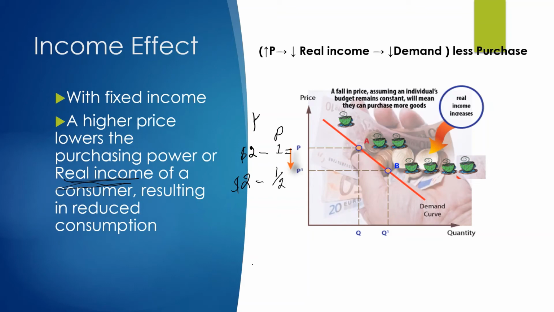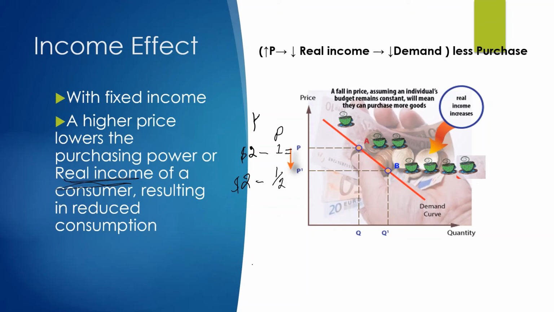It means that the purchasing power of your income, which is fixed, has increased from 2 cups of coffee to 4 cups of coffee, isn't it?